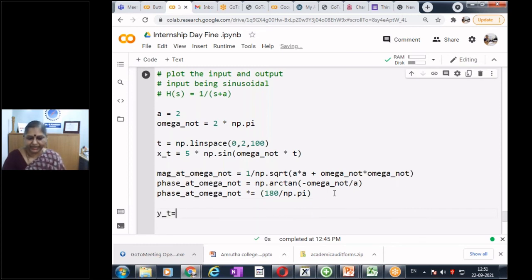What is y of t? Who can tell me what is y of t? Anyone who's following? How is my output y of t going to be related to the input? X of t will get multiplied by the magnitude at omega naught. The magnitude is going to change.